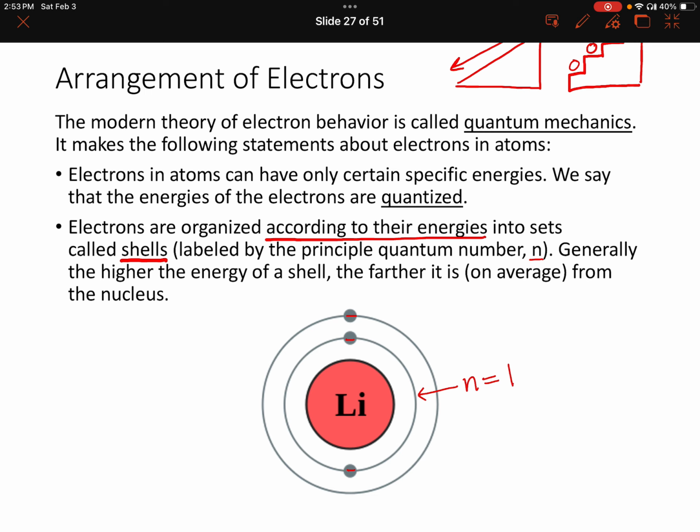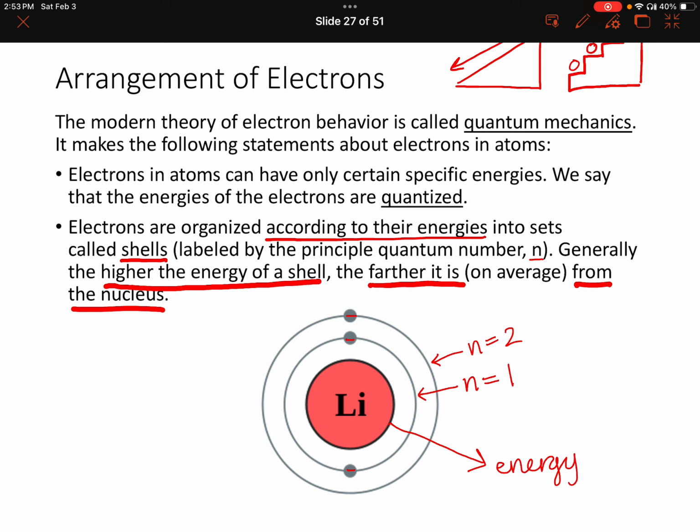And then the third electron is in a higher energy level, n equals 2. So generally, the higher the energy of a shell, the farther it is from the nucleus. So as we go further away from the nucleus, the energy increases for the electron.